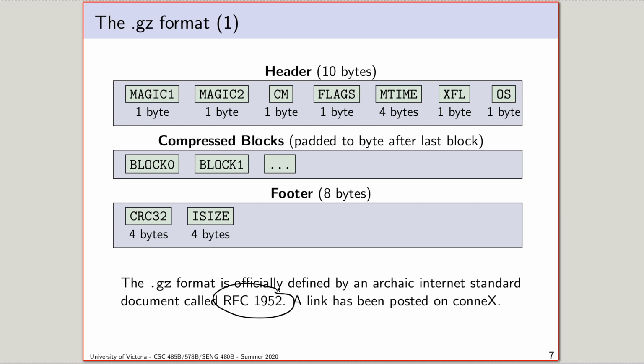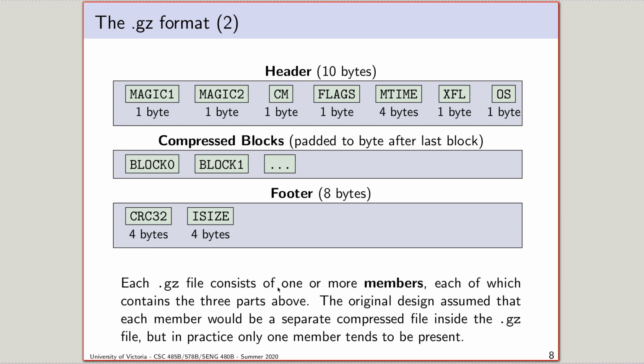RFC 1952 is a bit of a breezy read, and I actually encourage you to take a look at the RFCs for this assignment. Probably you'll spend more time with RFC 1951, which is the one for Deflate. The RFC 1952 is just for the gzip container.